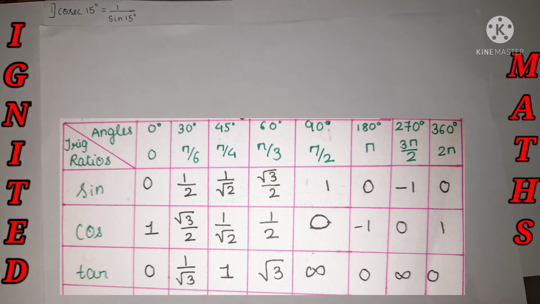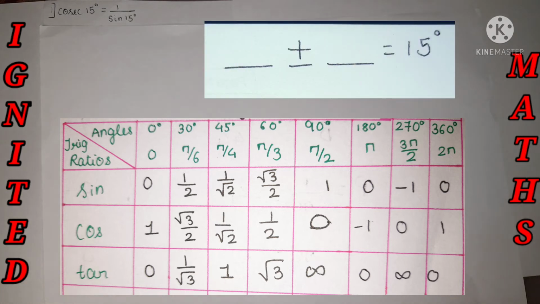Now the next part is, we need to add or subtract two angles so that we get 15 degrees. Those two angles need to be selected from the trigonometric tables, that is 30 degrees, 45 degrees, 60 degrees, 90 degrees. We can take any angle from the list, but by adding or subtracting we need to get 15 degrees. Just think about it.